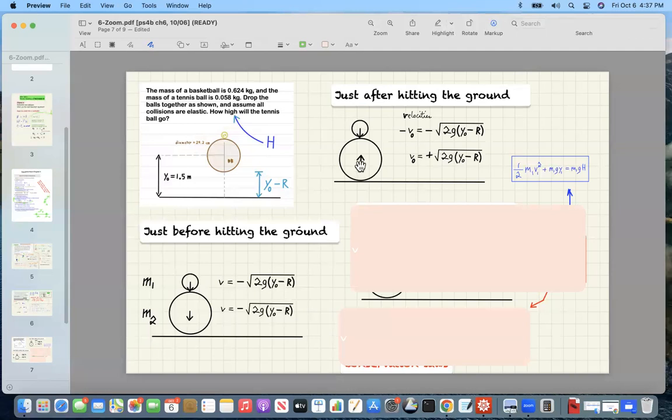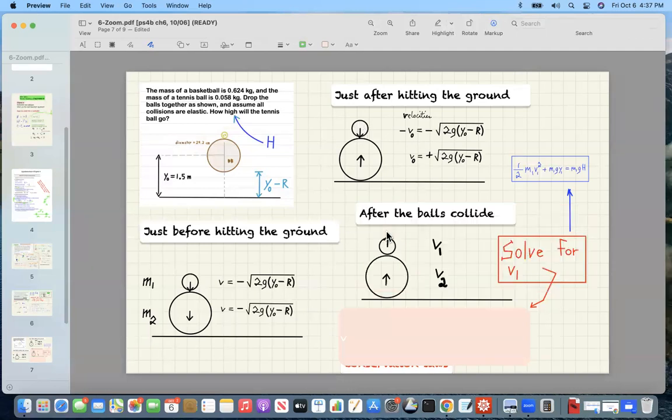So now you have the basketball traveling with a certain speed, undergoing a head-on collision with the tennis ball, which has exactly the same speed, but they're moving in opposite directions. So this is a collision between a heavy object, namely a basketball, and a lightweight object, namely a tennis ball. That's the third part of the problem. After the balls collide, you'll have the basketball moving up and the tennis ball moving up.